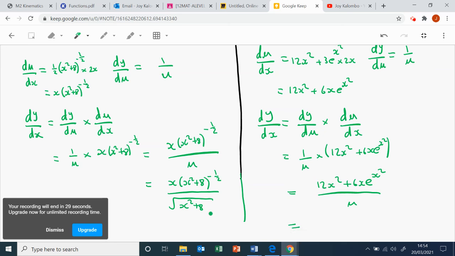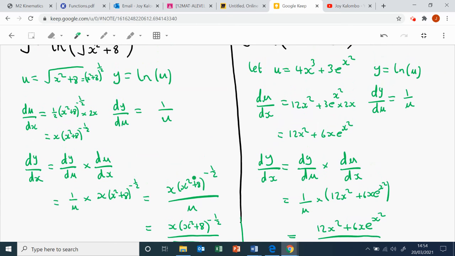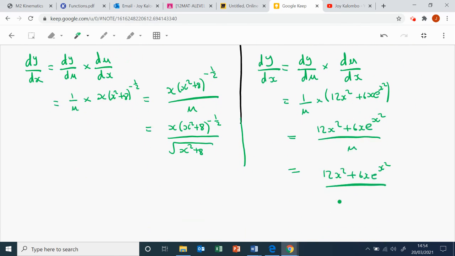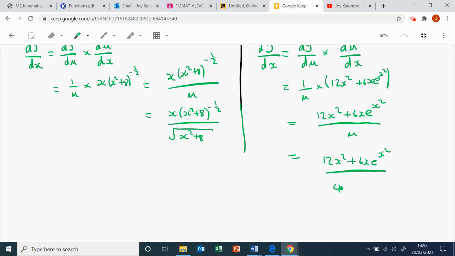But remember, u is equal to 4x cubed plus 3e to the x squared. So that's 12x squared plus 6x e to the x squared all over 4x cubed plus 3e to the x squared.